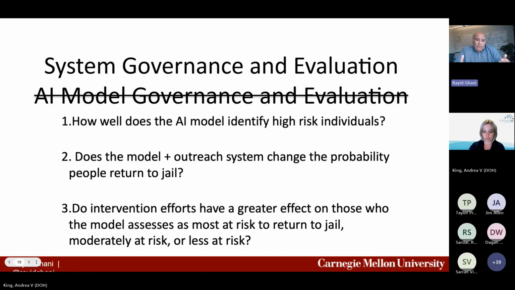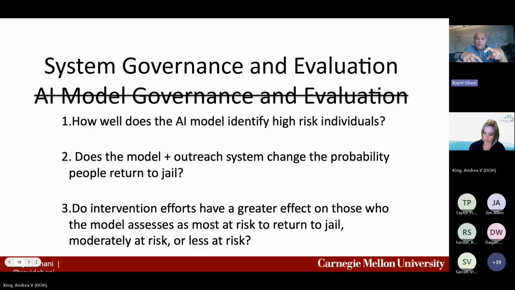So when we run these evaluations, we do test the first piece, because if it doesn't do the first one right, it's unlikely to do the second and third. But the second one is the most important one, which is, does the model and this outreach program actually reduce the risk of somebody going to jail, or reduce the risk of somebody getting lead poisoning? And so we evaluate that piece.